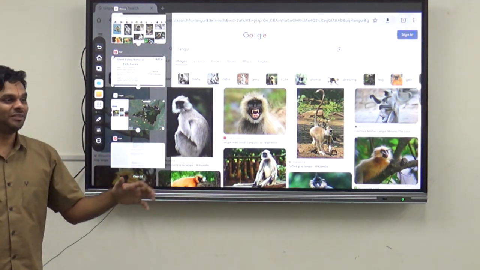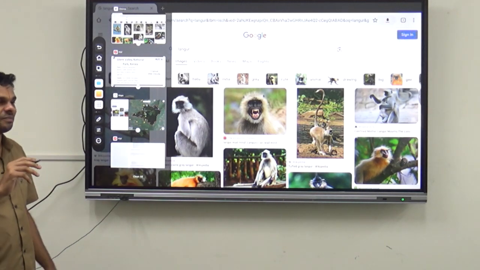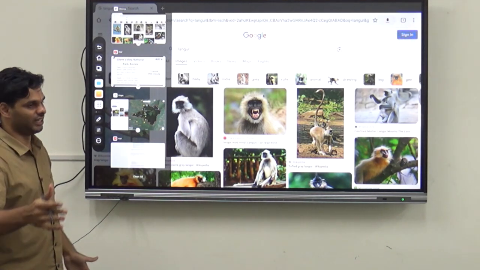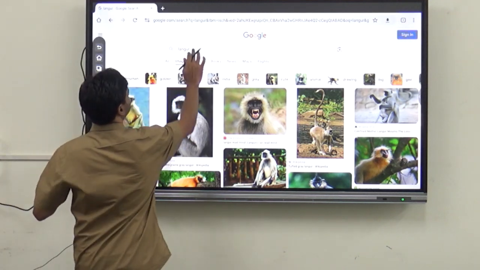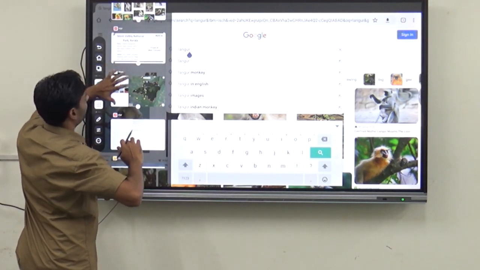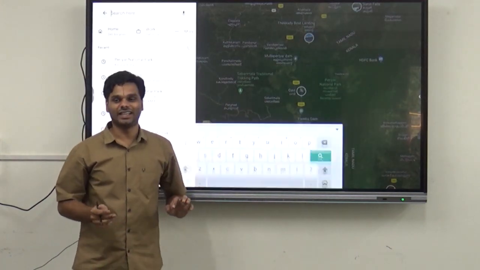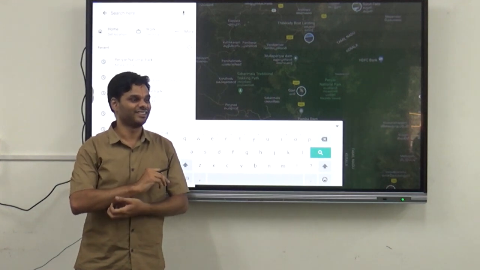Just Google and tell me what else is the Silent Valley famous for? It is to do with your GS3. Quick, Google, Silent Valley, what else is it famous for?